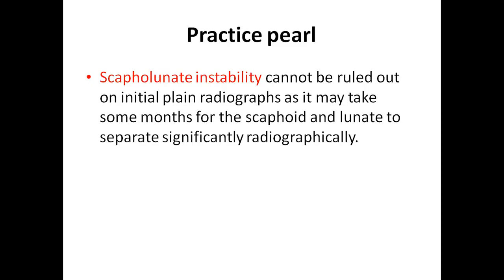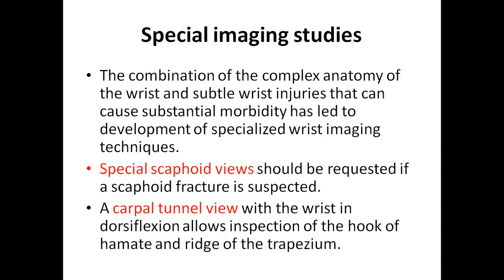It may take months after the instability. It means the instability will be present, but still not visible on the radiograph, and it may take months and months to have that widened gap between the scaphoid and lunate visible on the radiograph.